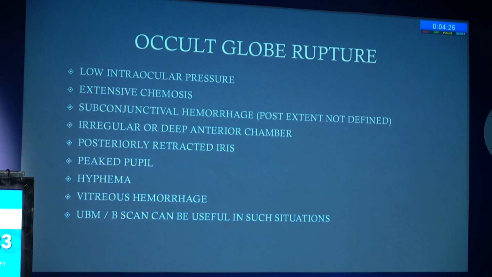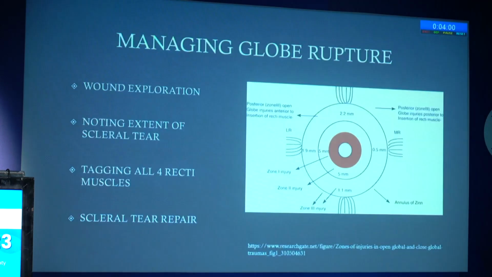When you have low intraocular pressure, extensive chemosis, subconjunctival hemorrhage of which the posterior extent is not defined, an irregular or deep anterior chamber, posteriorly retracted iris tissue, a peaked pupil, hyphema, and vitreous hemorrhage, have a very high suspicion that this patient has an occult globe rupture. In such cases, a UBM and a B scan will be very important.